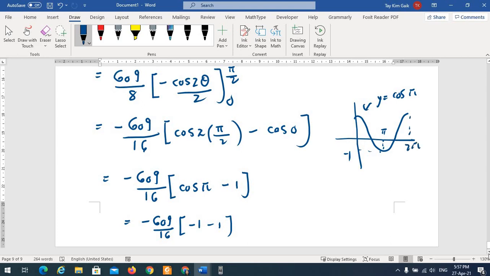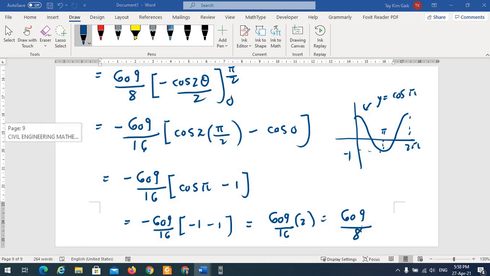Cos pi is negative 1. So total negative 2, negative negative becomes positive. So you have 609 over 16 times 2, which is 609 divided by 8. This is when I evaluate manually. So the answer is 609 divided by 8.